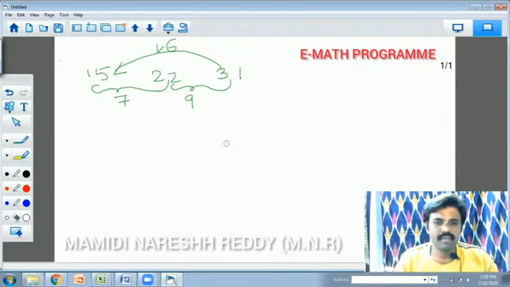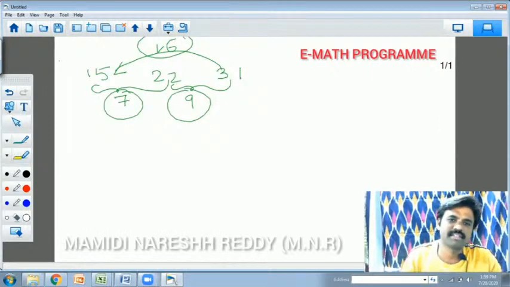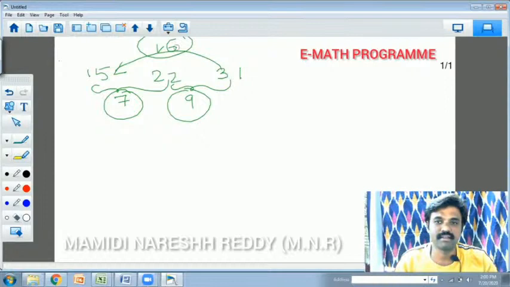So here we have got 3 numbers: 7, 9, and 16. In this, we need to take the smallest number, which is 7.